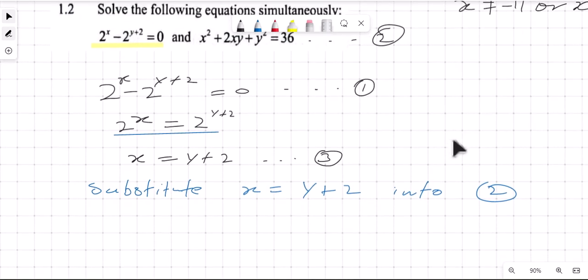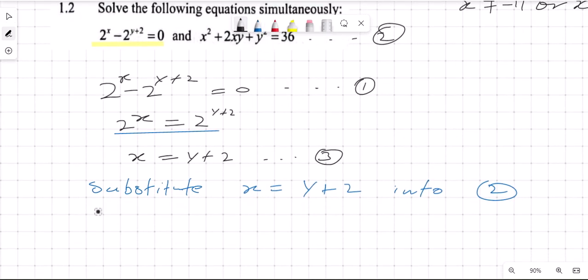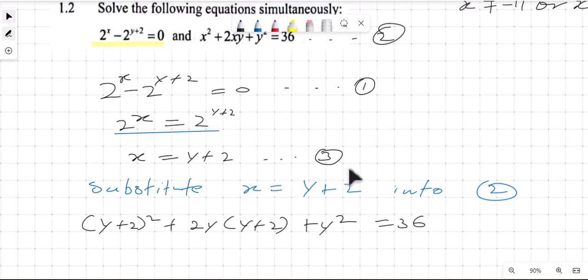What we're going to have there is open brackets, putting the value of x here, which is y plus 2, close squared, plus 2y open brackets, where there is x we put the value of x, which is y plus 2, close, plus y squared equals 36.